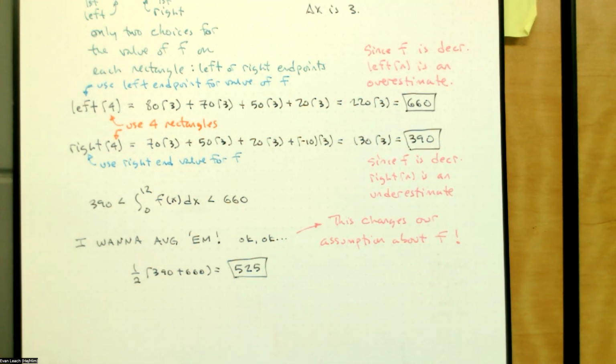Perfectly valid thing to do, as long as we understand that this changes our assumption about f. In this case, we are assuming that f is linear on each of those intervals.